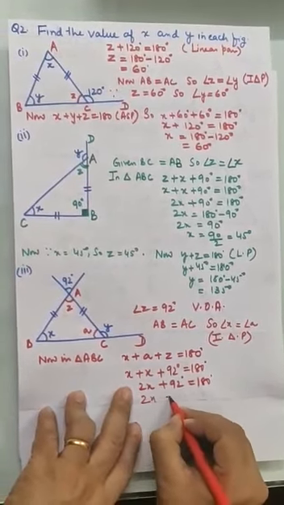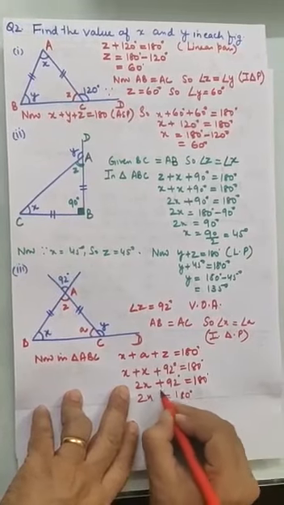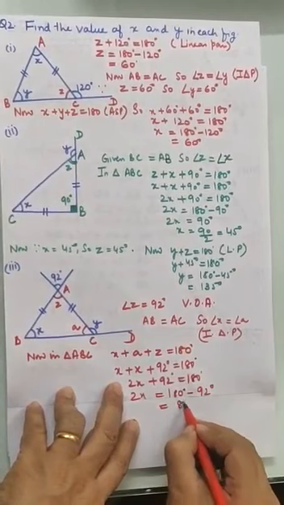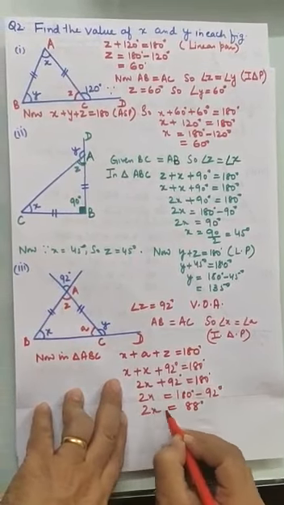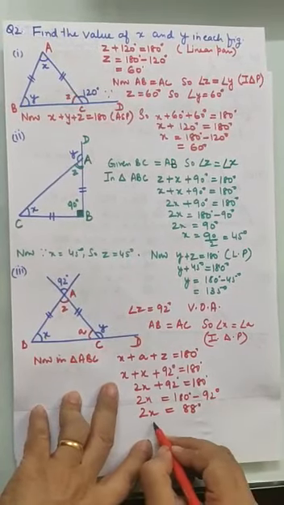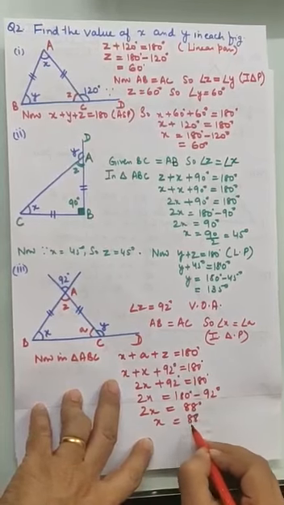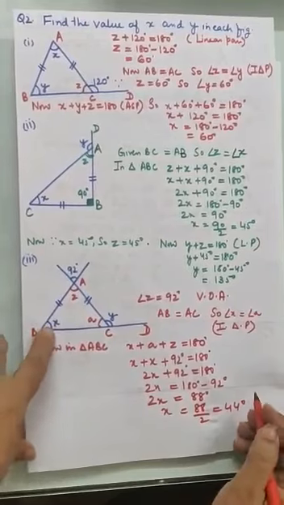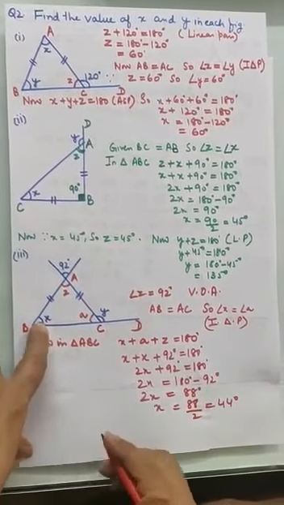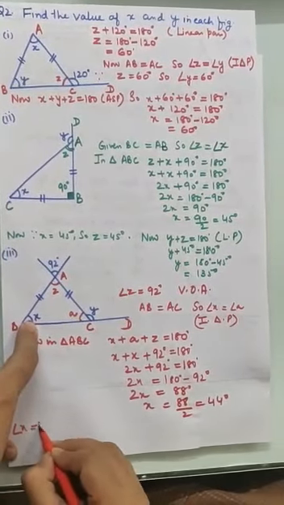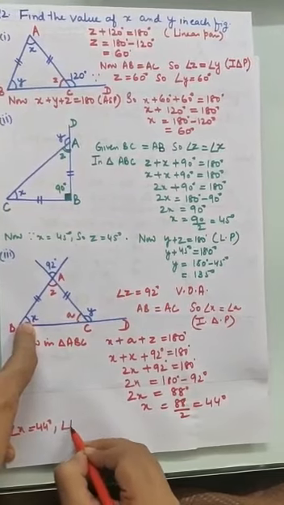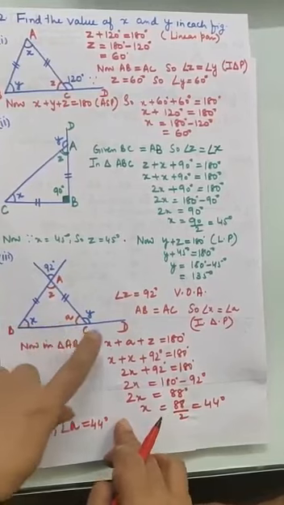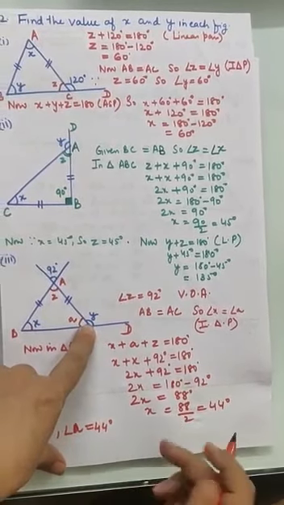Now 2X is equal to 180 degree minus 92 degree. So this will become 88 degree. 2X is equal to 88. So X is equal to what? 88 upon 2, that is equal to 44 degree. So we get angle X as 44 degree, angle A as 44 degree. Now we have to find out angle Y.